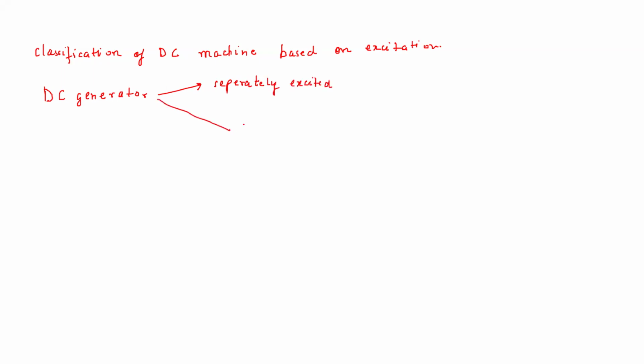And another one is self-excited. Now in self-excited, we have shunt, we have series, and then we have something known as compound. Okay. Now in compound also, we have long shunt, and then we have short shunt.